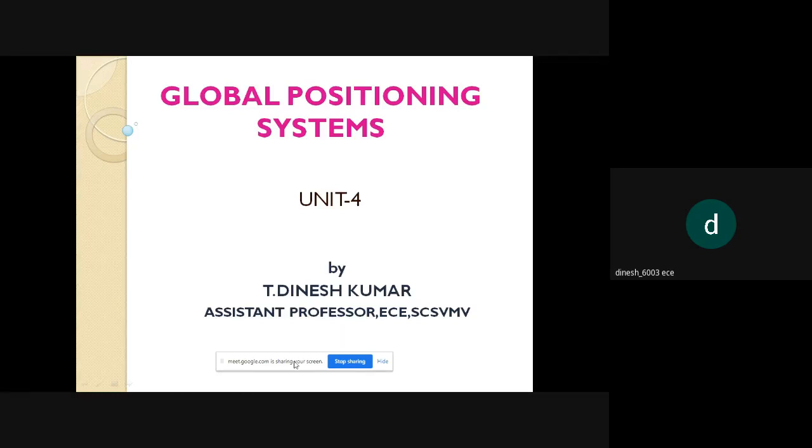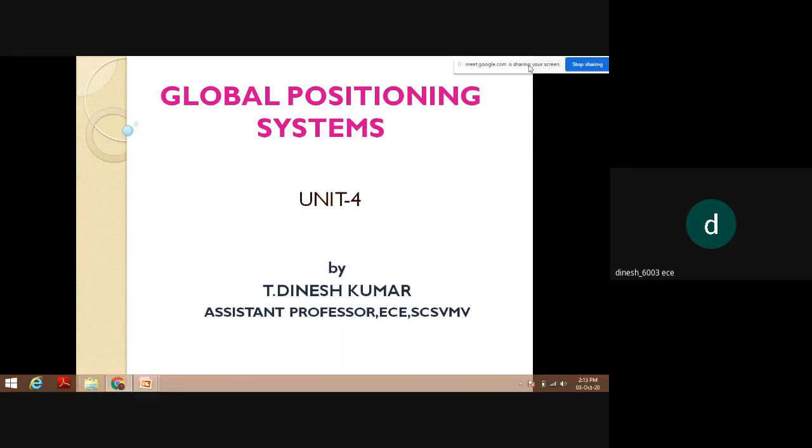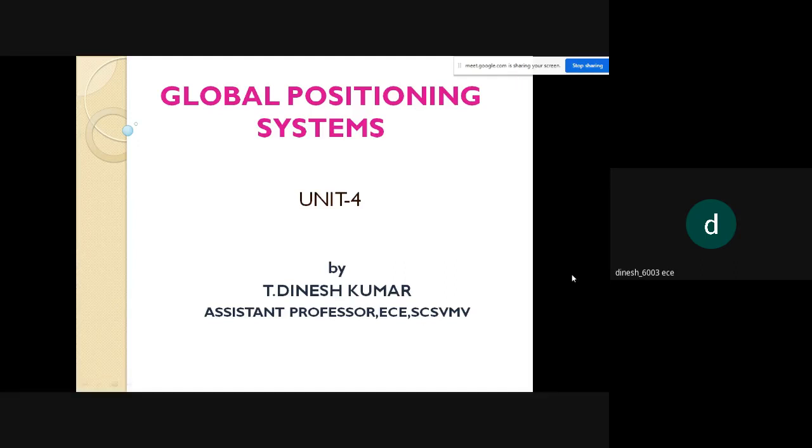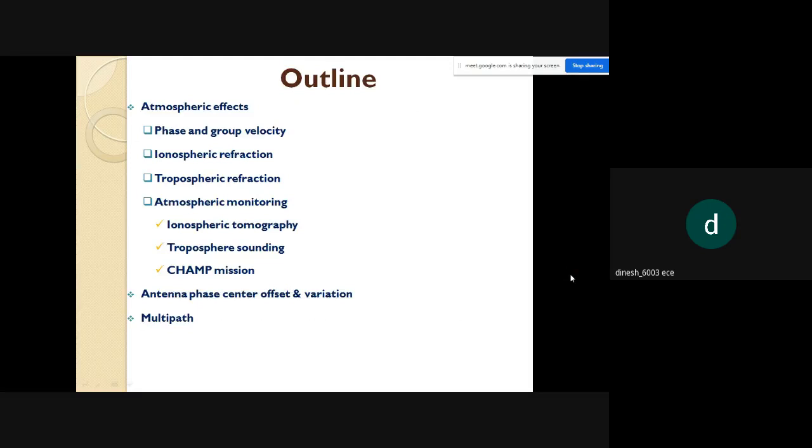So, global positioning system, unit number 4. First of all, I'll give you an outline of what is present in unit number 4. The topic starts with atmospheric effects, under which there are four different cases.